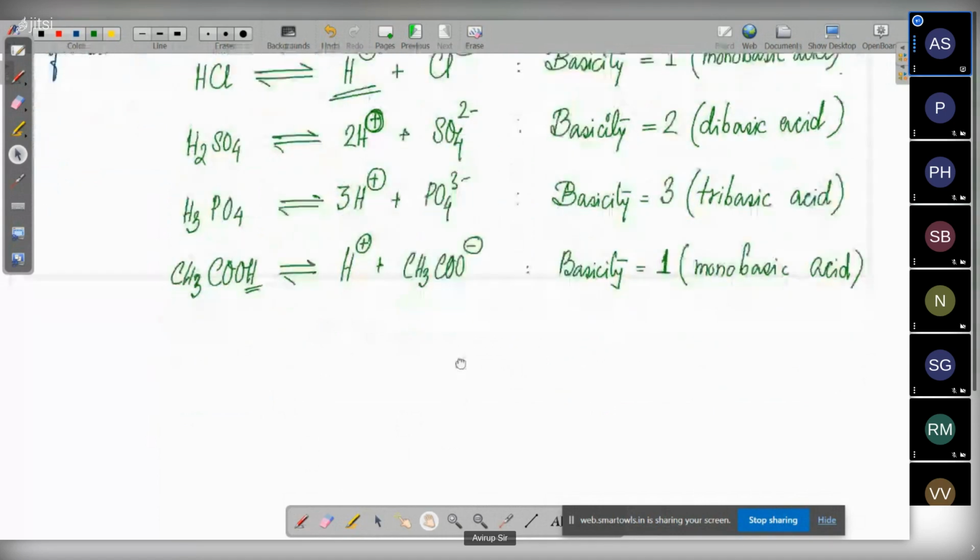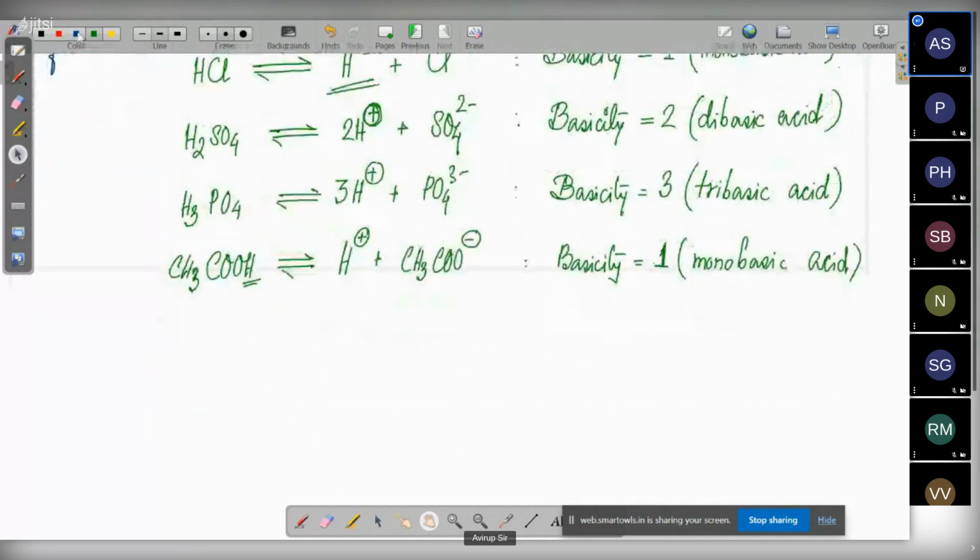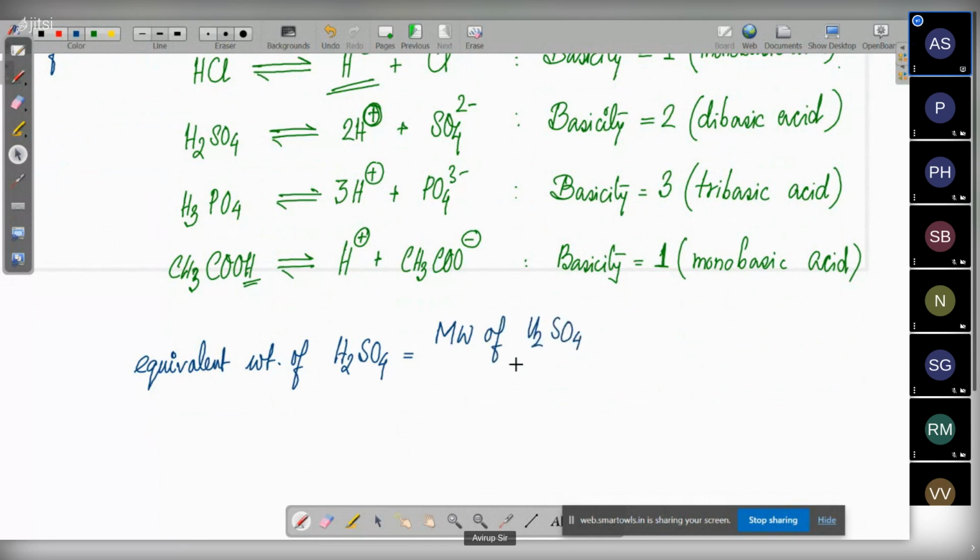So this is how you get the basicity. Now tell me what will be the equivalent weight of H2SO4. Equivalent weight of H2SO4 is equal to molecular weight of H2SO4 divided by the basicity of H2SO4.